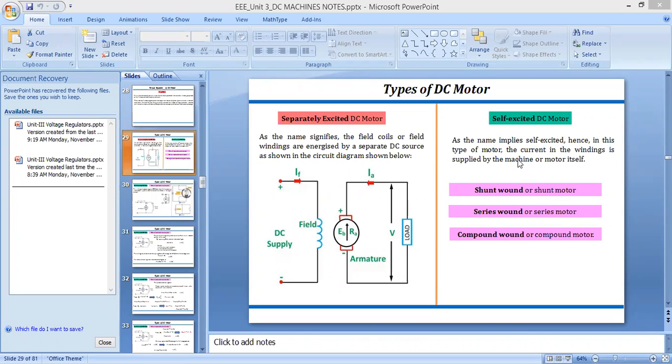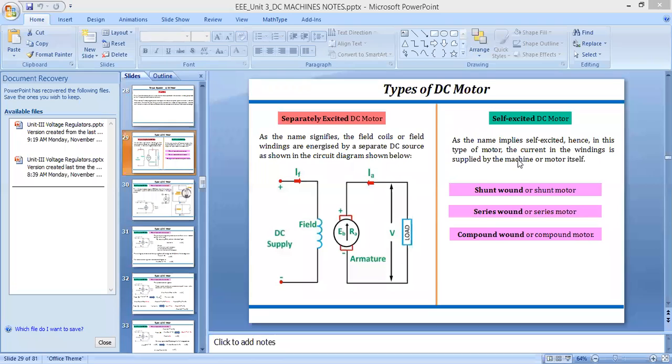We can call it the stator. The stator consists of poles which are used to create the magnetic flux. So we can say commutating poles are used as a stator in the DC generator and the DC motor.